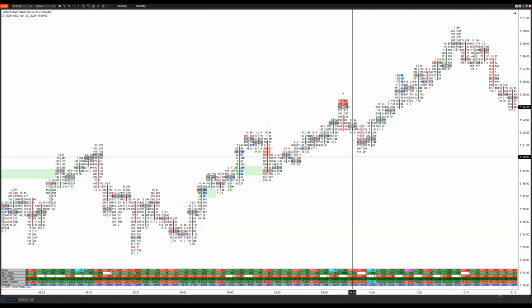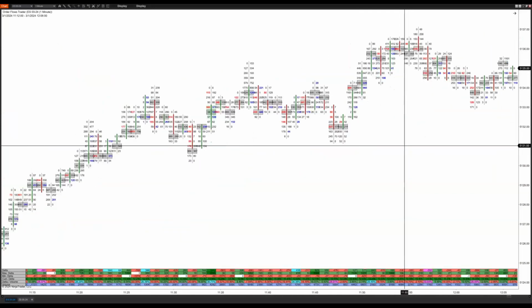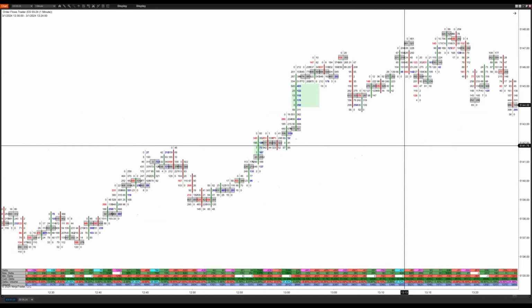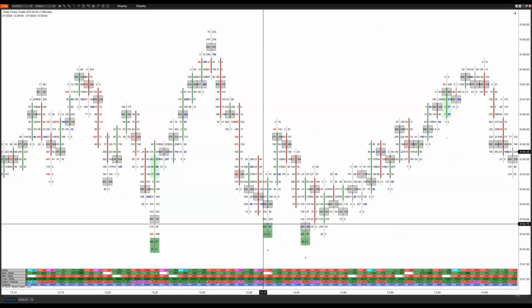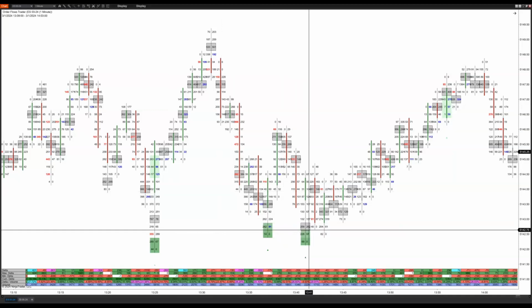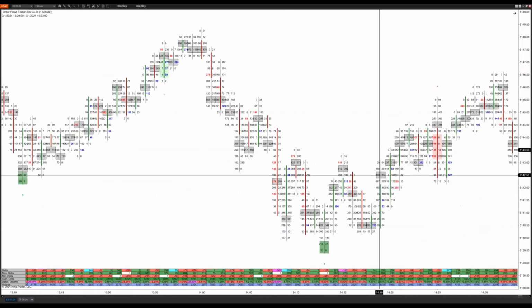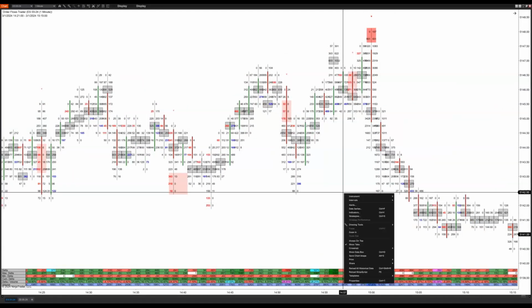It's a bearish one that failed. Bearish one, bullish one. A couple of three bullish ones here, here, here. This one had a nice little move. This one, not so much. This one, okay. Another bullish one here. Another bearish one here at the cash close.